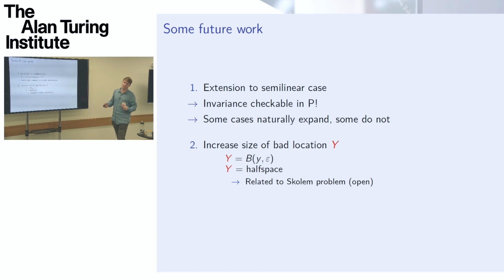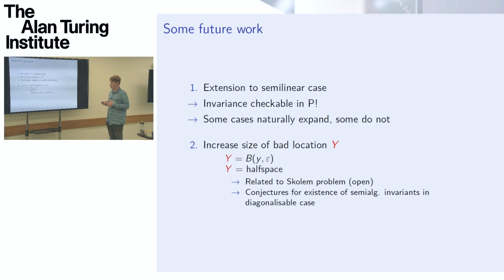But it seems quite hard because it's related to the Skolem problem, the problem of whether the orbit reaches a given hyperplane or not, which is an open problem. We don't know if it's decidable or not. But there are some conjectures for this case, and some people are working on this.